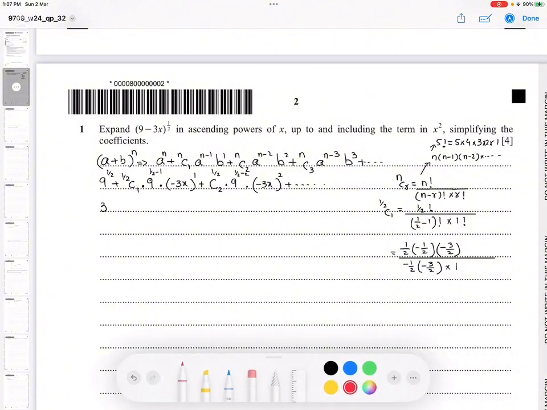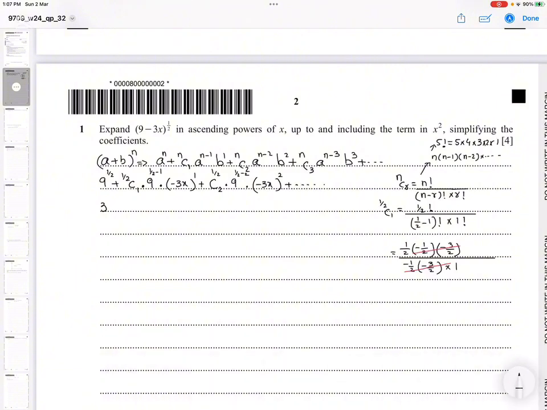So you cancel the same values, and you are left with 1 by 2. So your 1 over 2 C1 answer is 1 by 2.